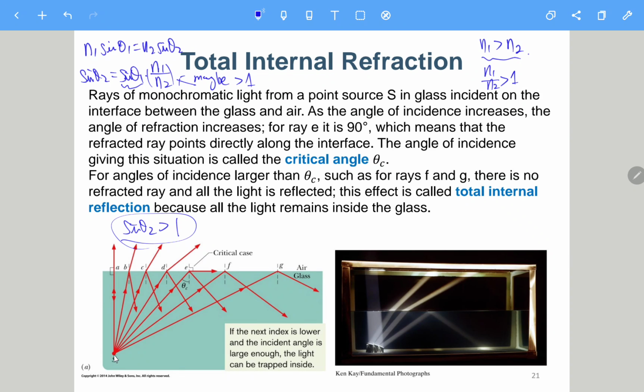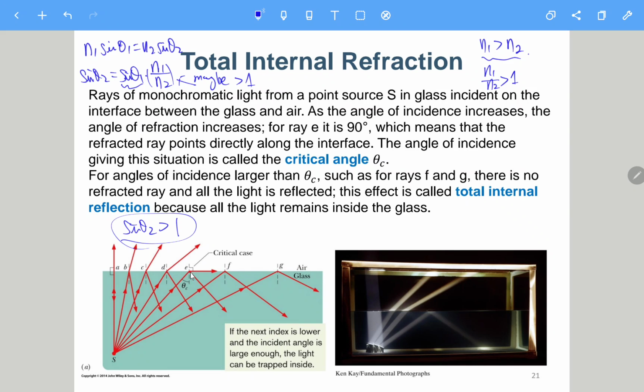Okay, so you can see here, this is the light source. If it is 0 degrees, it is going through, and some of it is also refracted, and then the incident angle becomes larger. So part of it is refracted and part of it is reflected. And then at this point, the refracted light is actually 90 degrees, so it is actually touching the boundary of the two materials.